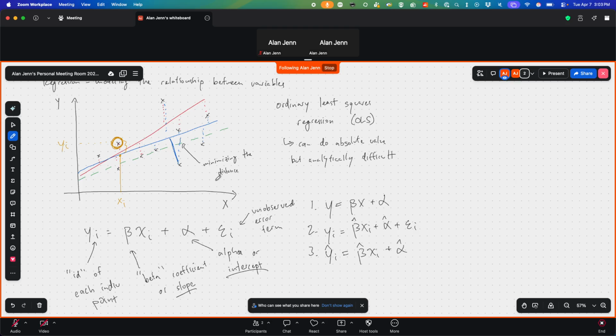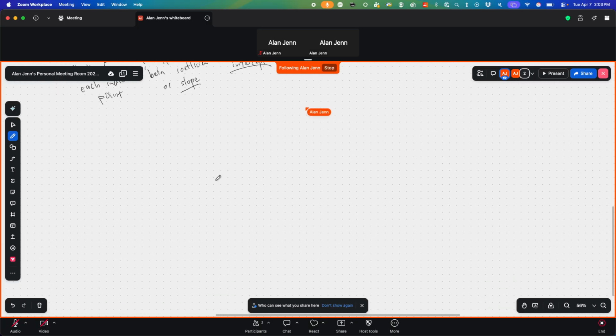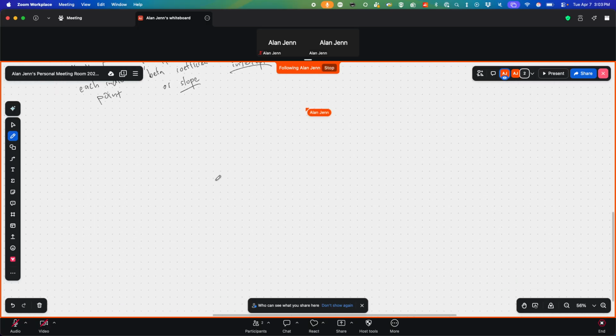And there's a whole proof that demonstrates if you calculate betas in a certain way, then you are actually going to be minimizing the size of those errors, right? The size of the distances between the points and the lines. So we're not going to get into that directly.